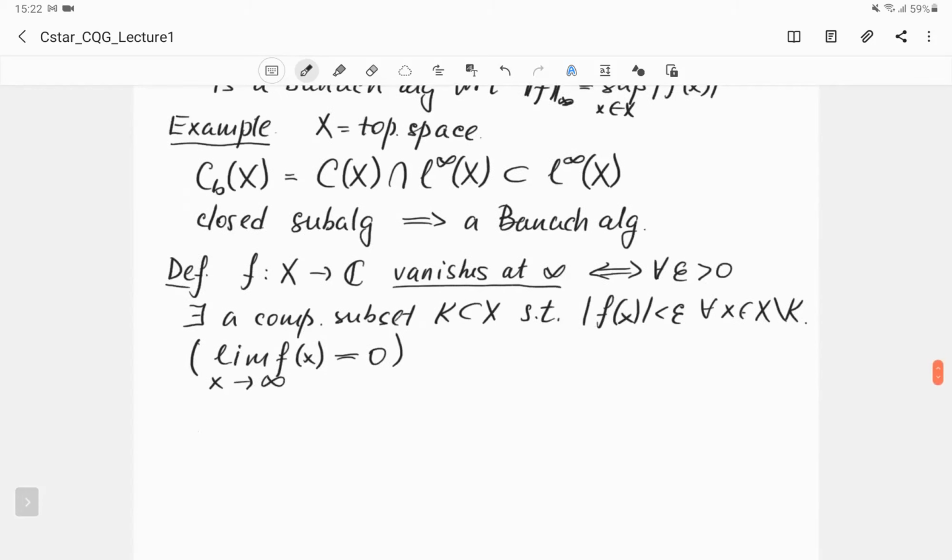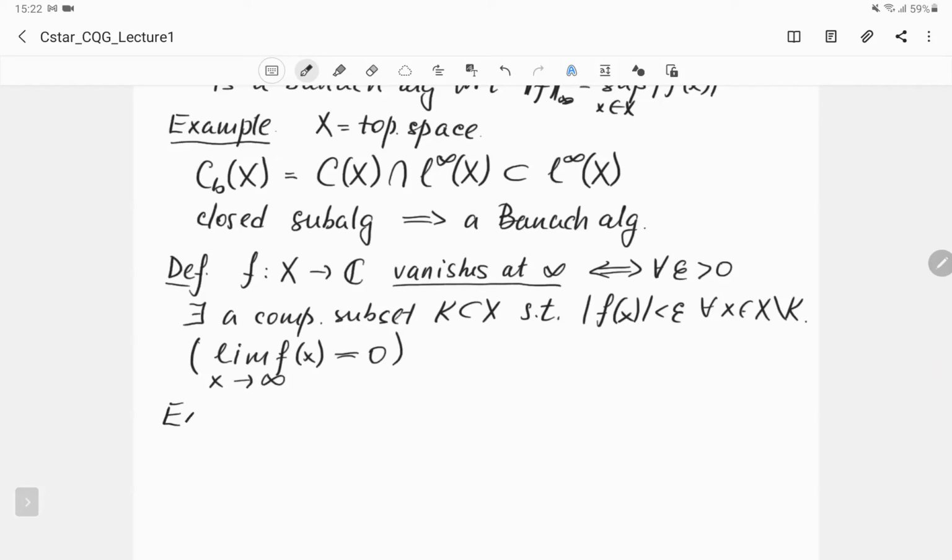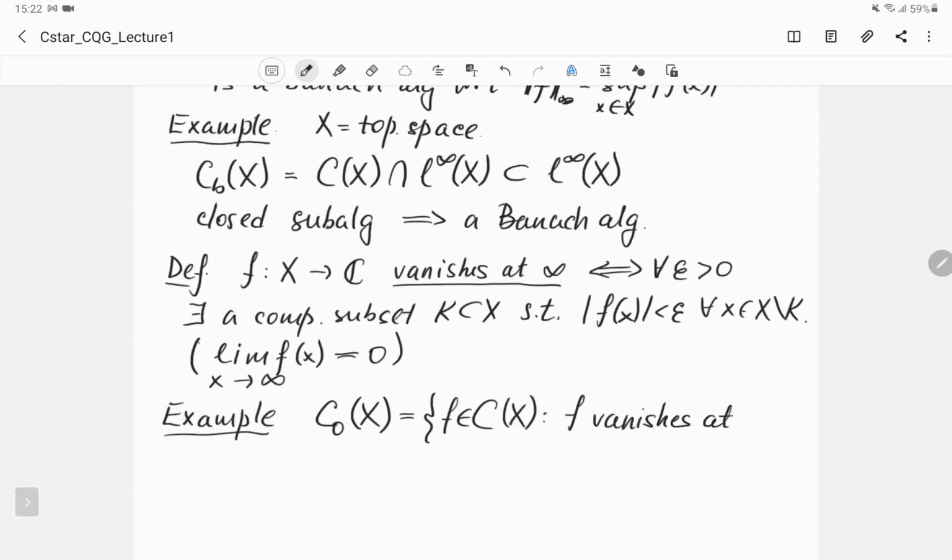So now our next example of a Banach algebra is the algebra C_0(X), which consists of those continuous functions on X which vanish at infinity. It is easily seen that C_0(X) is a subalgebra, a closed subalgebra, and moreover, a closed ideal in C_b(X).